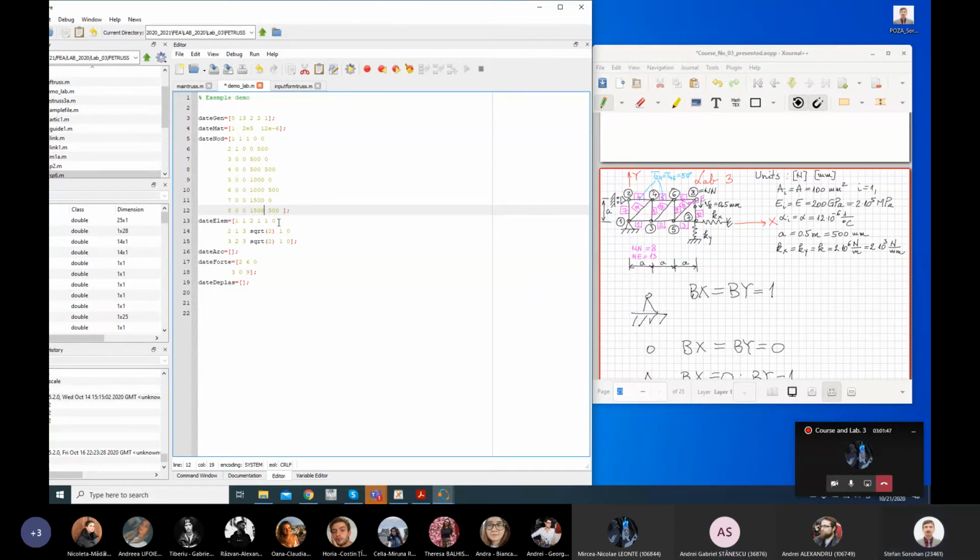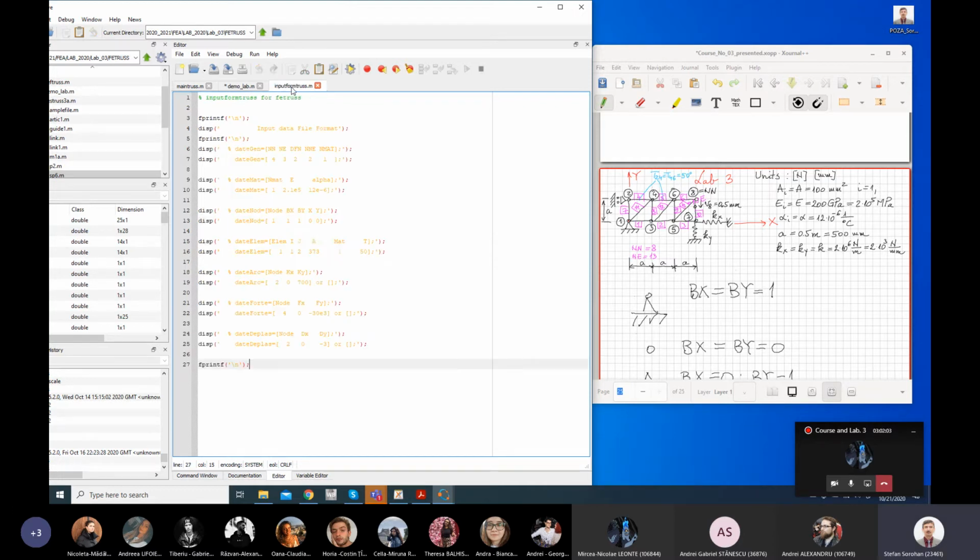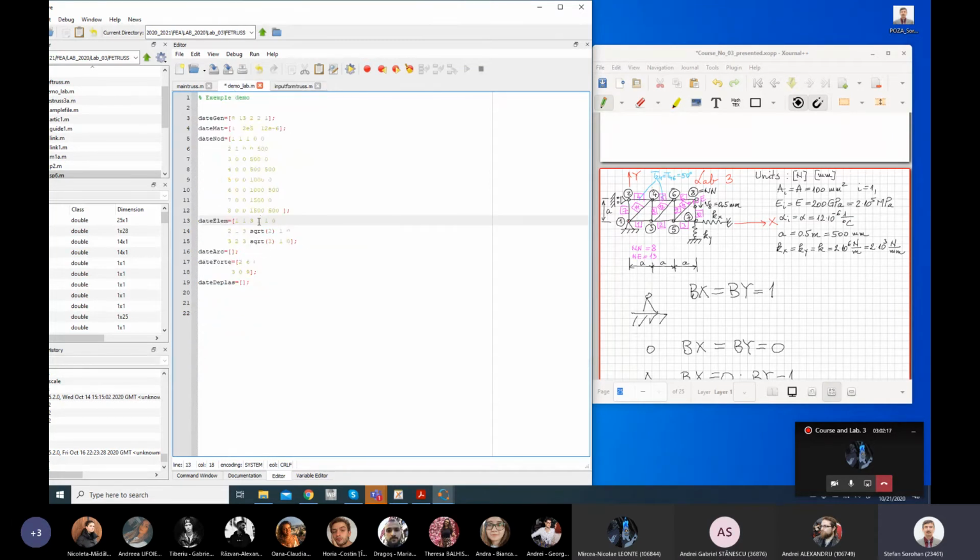Date LM. We have element number 1 between 1 and 3. Material is 1. So for each element, date LM: the end nodes, cross-section area and material. Cross-section area is the same for all, and in this case it is 100 millimeter square.